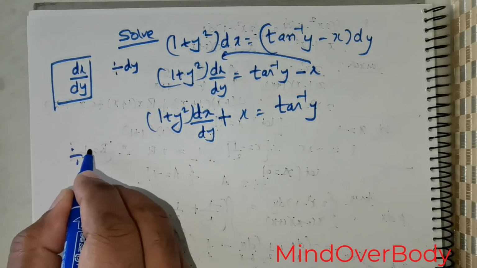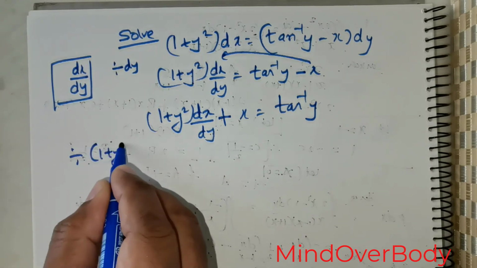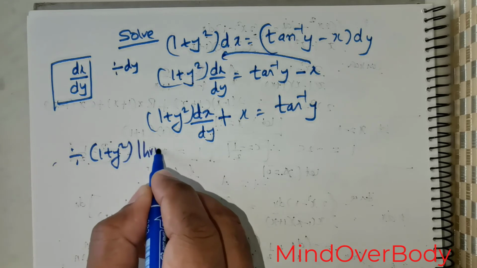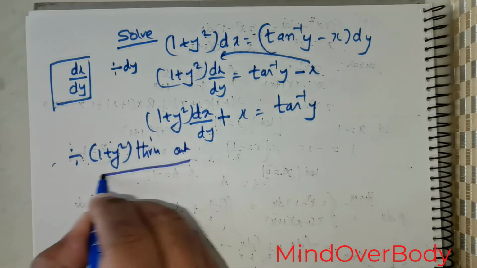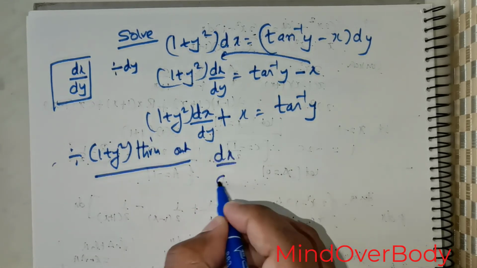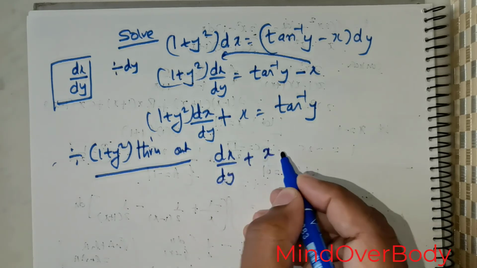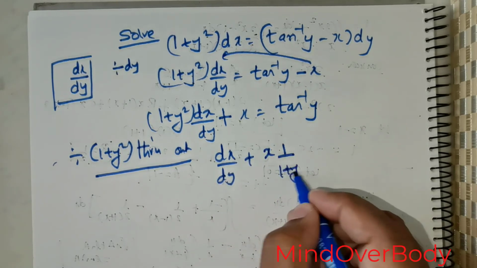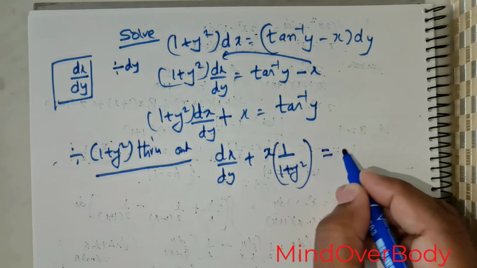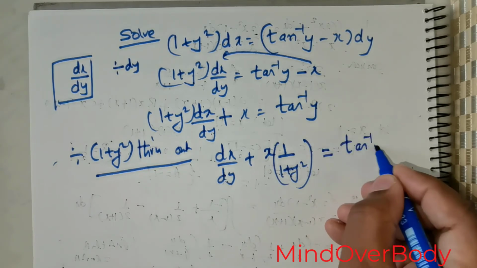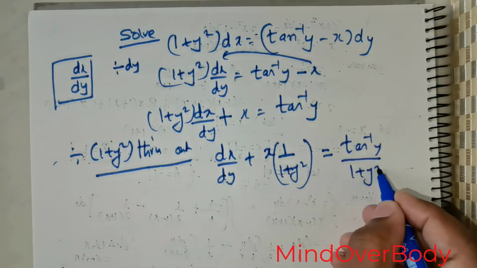Now I'm going to divide by 1 positive y squared throughout. So I'm going to get dx over dy positive x times 1 over 1 positive y squared is equal to tan inverse of y divided by 1 positive y squared.